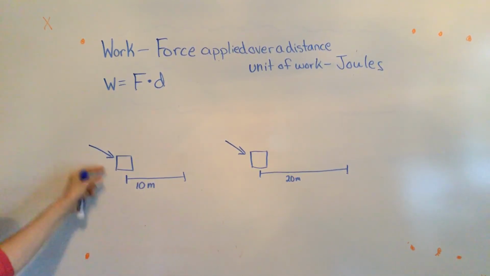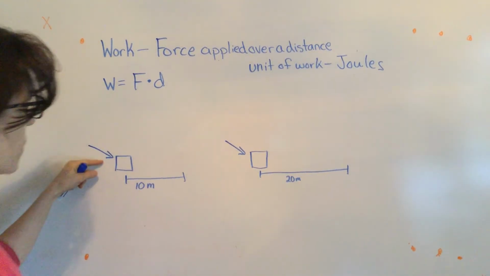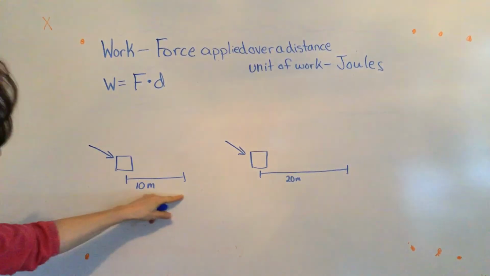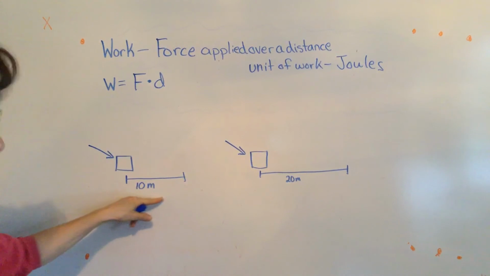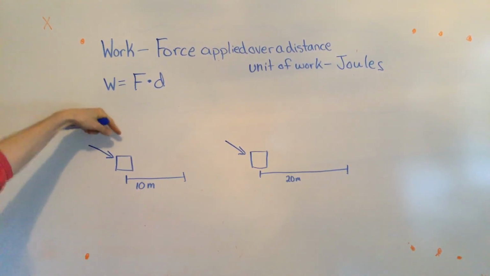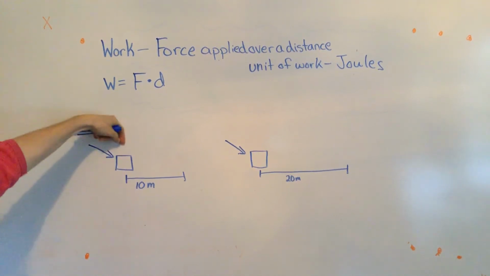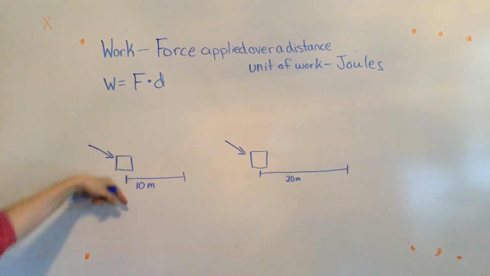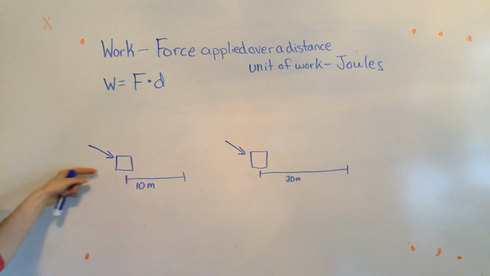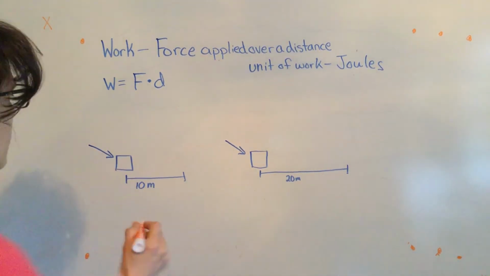So the component that matters is the component of force that is moving the object parallel. We really don't care about any force being applied down, pushing our object down in the perpendicular direction towards our motion. We only want what's moving parallel.